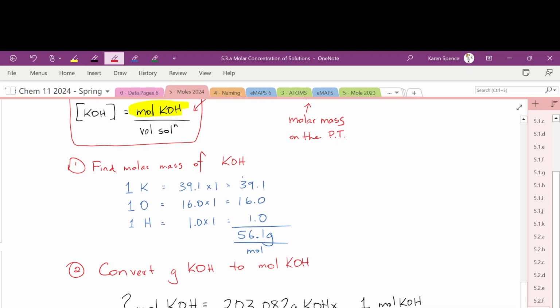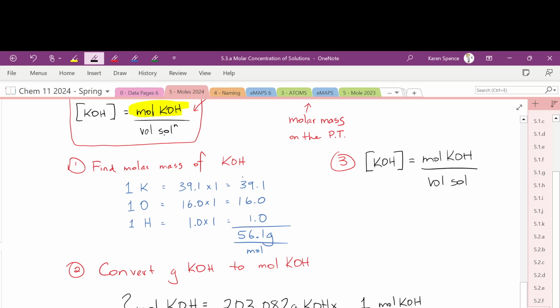And then the third thing we want to do is we want the concentration of KOH. I didn't leave myself room up there, so I'm going to rewrite the formula. I want the moles of KOH over the volume of solution. The reason I wrote it up there is so that we could just figure out that we needed moles of KOH.